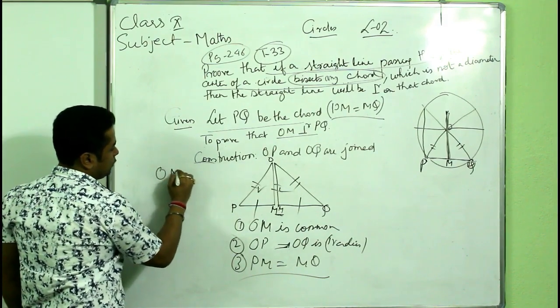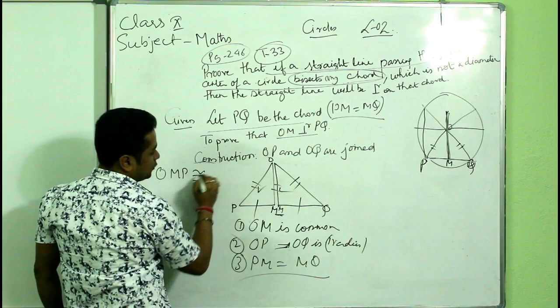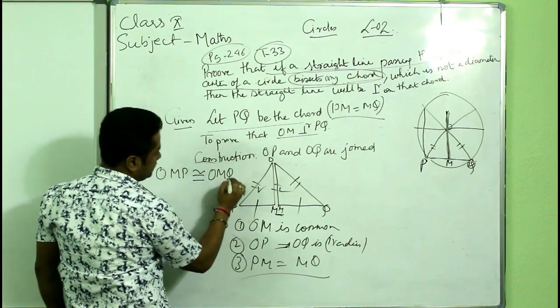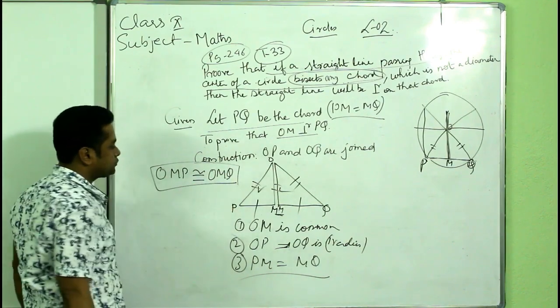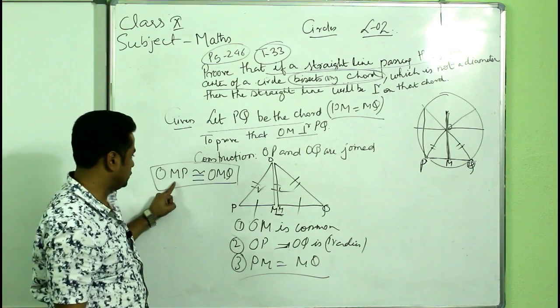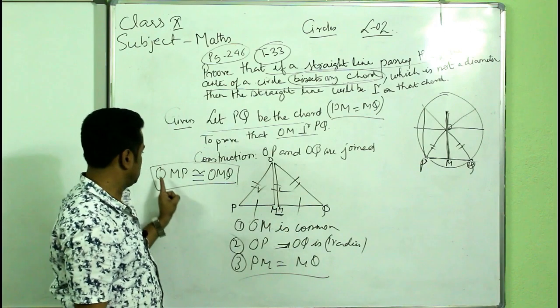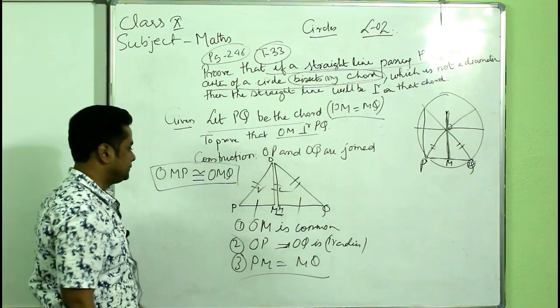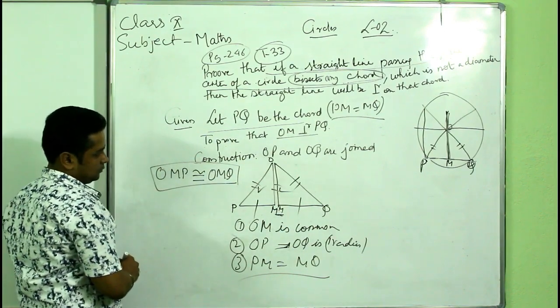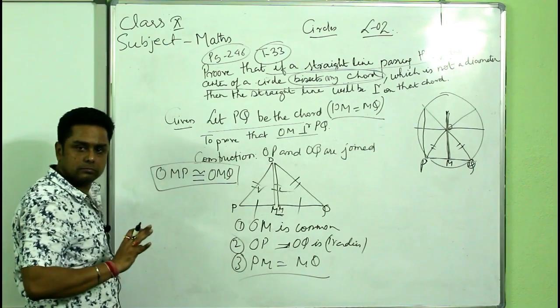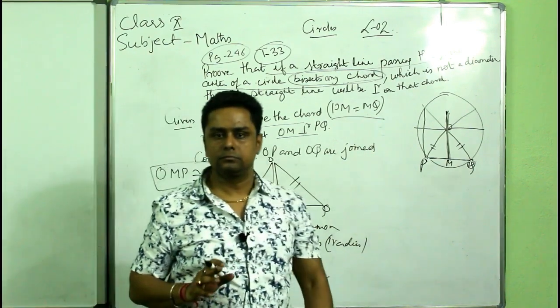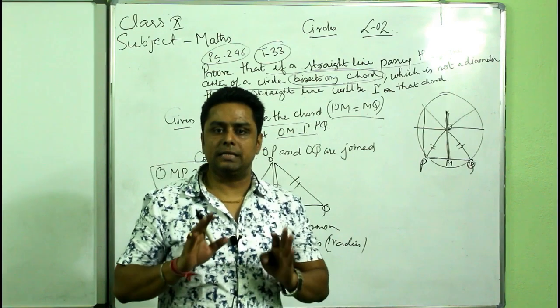We can write OMP is congruent to OMQ. OM, MP, MQ, OP, OQ. Okay. Now these two triangles are congruent. Congruent means what? Sir, congruence means equal triangles.